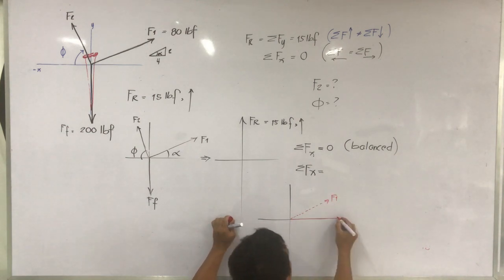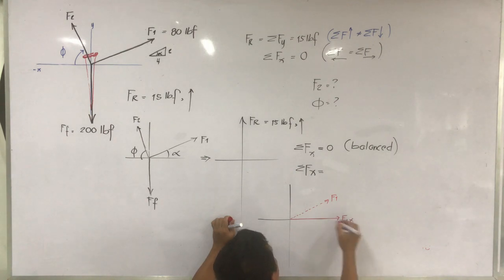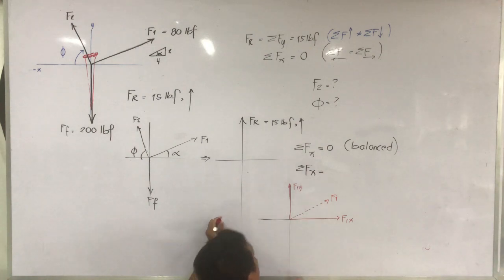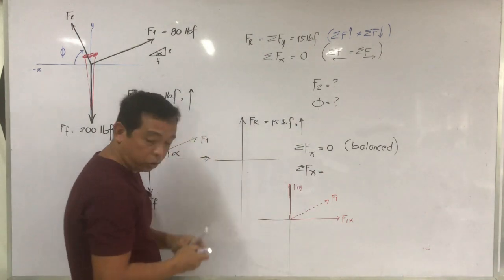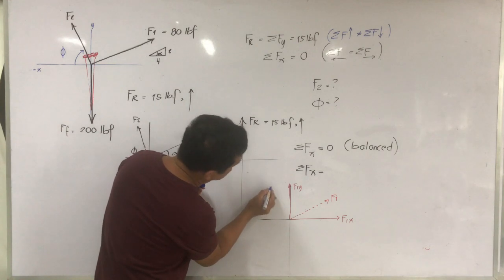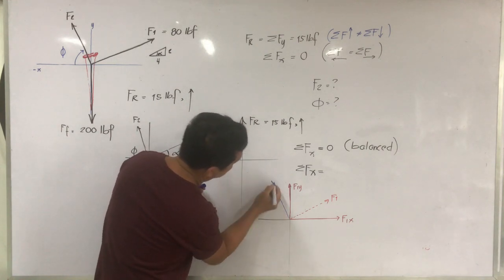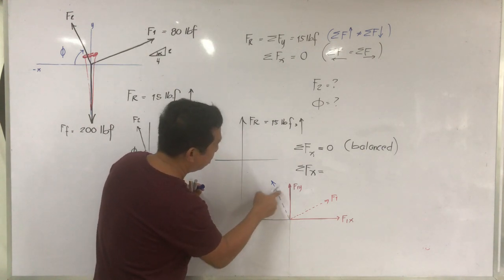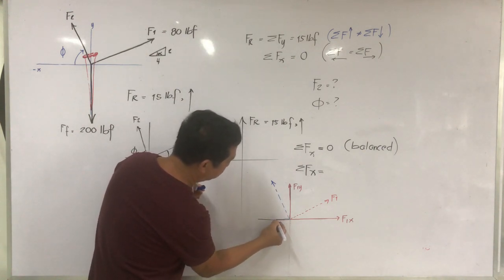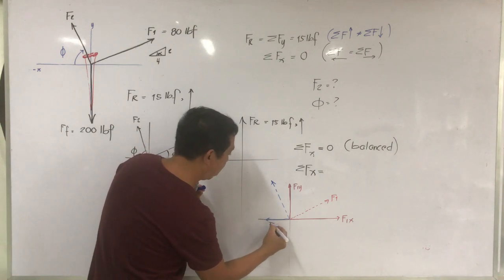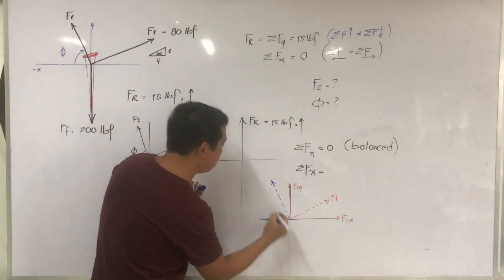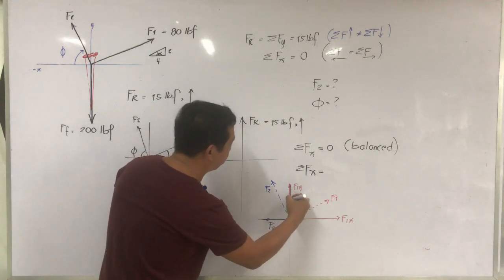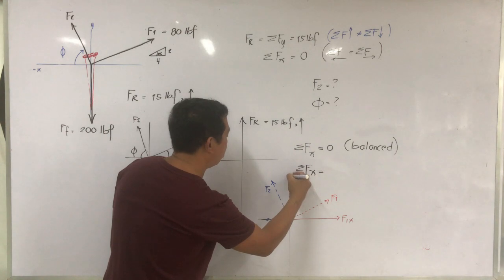Tapos nagkaroon siya ng F1x at saka F1y. Tapos, yung force mo naman na F2, meron kasi siyang components niya, F2x, at meron din siyang component na bumatak dito, F2y.